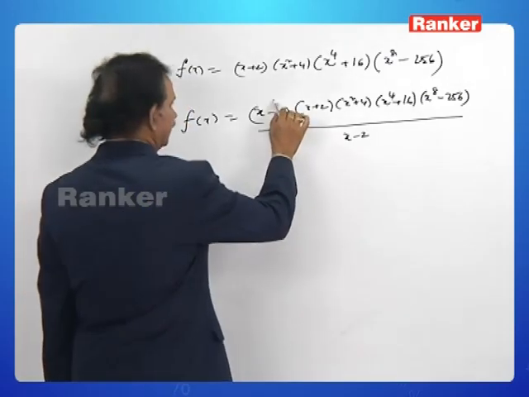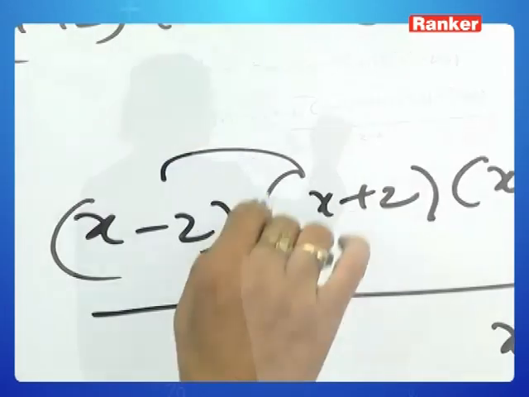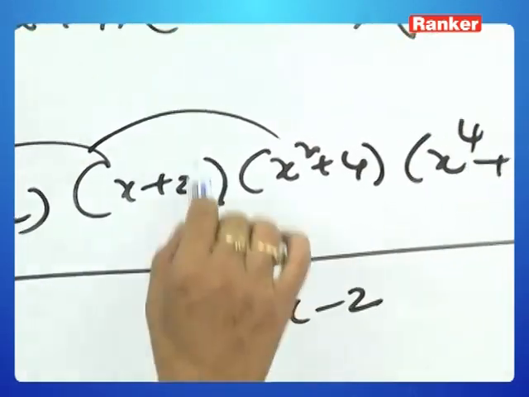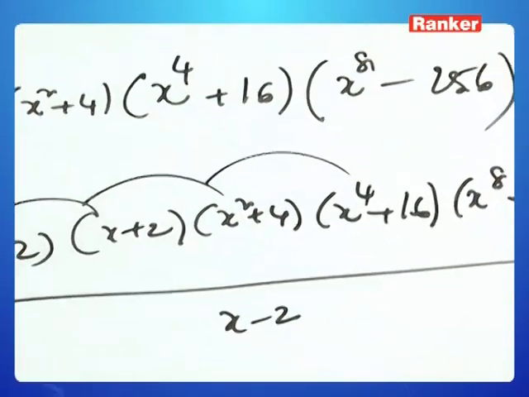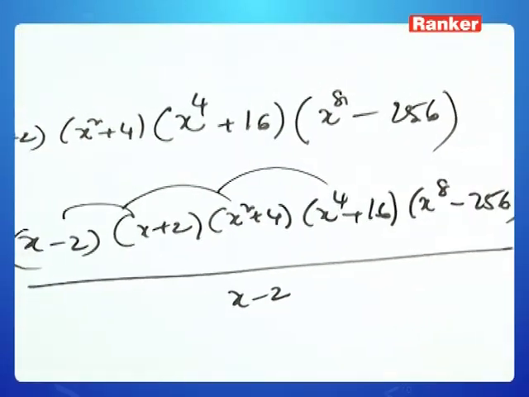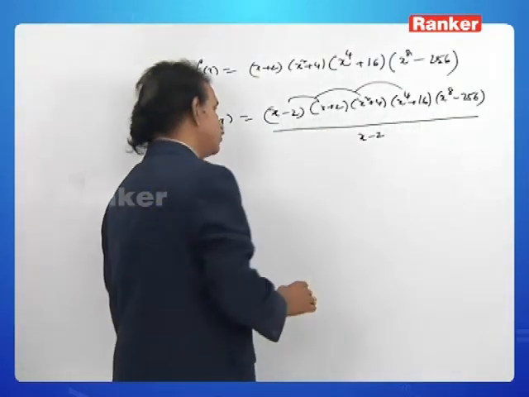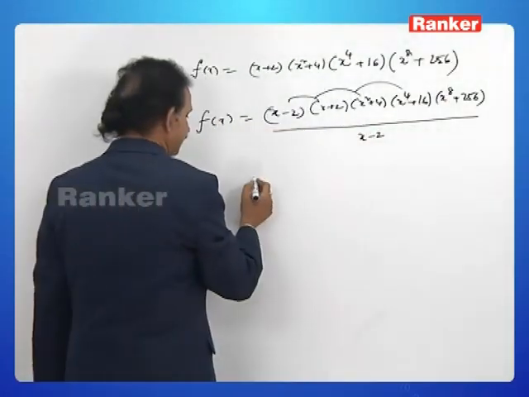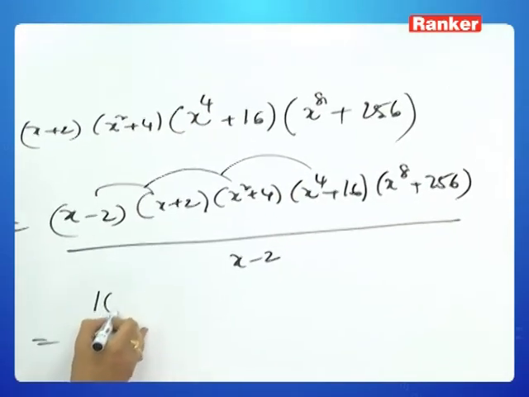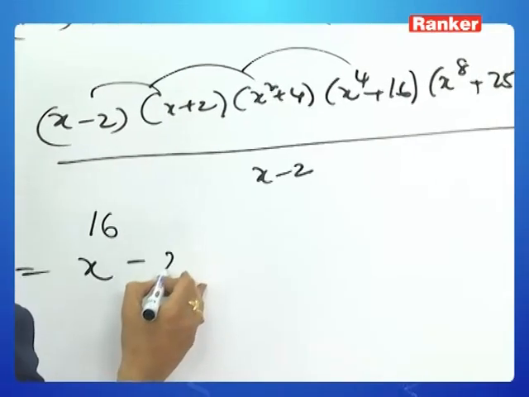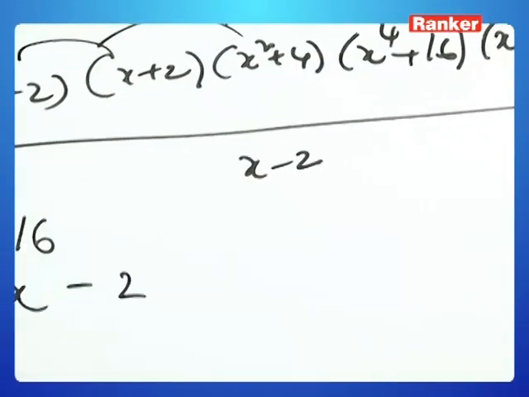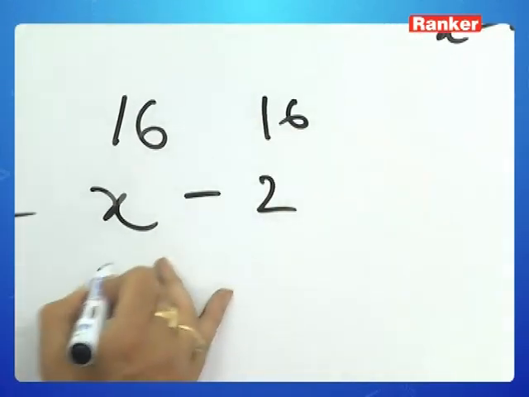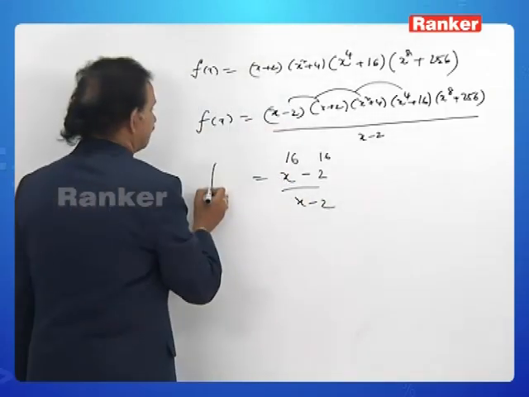What is x minus 2 into x plus 2? X square minus 4. X square minus 4 into x square plus 4, x power 4 minus 16. X power 4 minus 16 into x power 4 plus 16, x power 8 minus 256. X power 8 minus 256 into x power 8 plus 256 is nothing but x power 16 minus 2 power 16, since 256 into 256 is 2 power 8 into 2 power 8, by x minus 2. This is f of x.